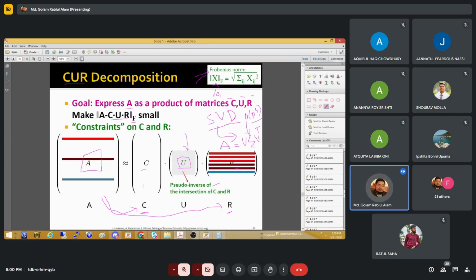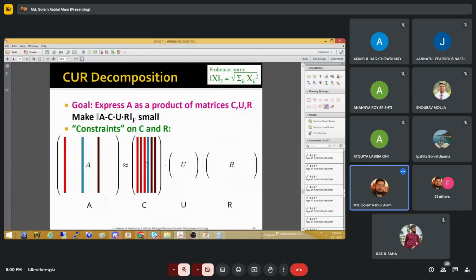In this matrix C, we have to form it using the columns, like maybe columns A, B, C. But there is a probability that the same column can be copied multiple times.